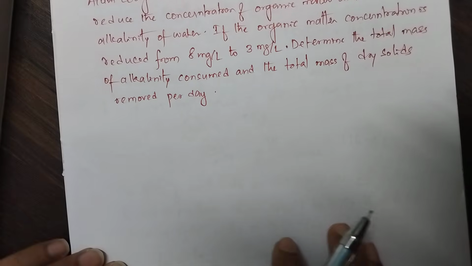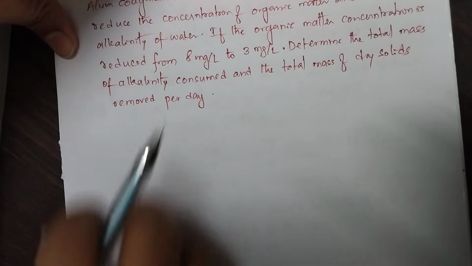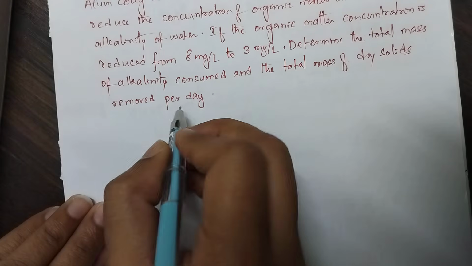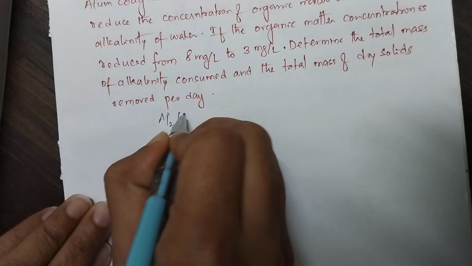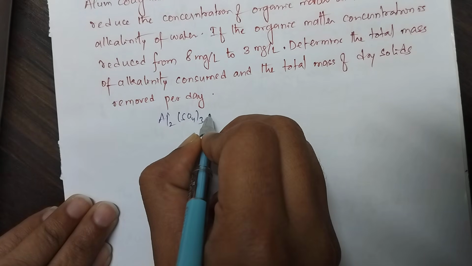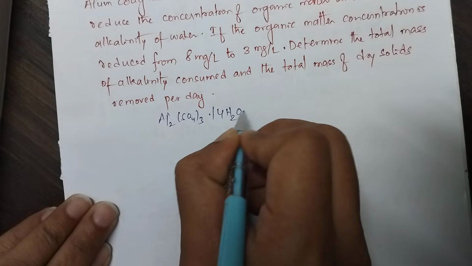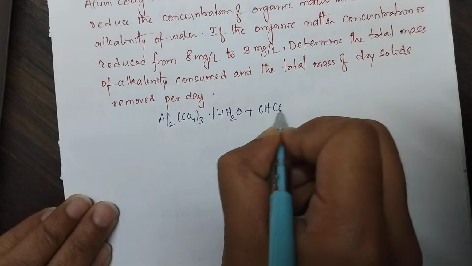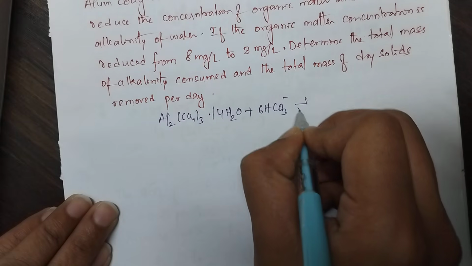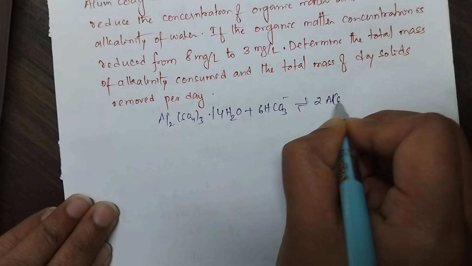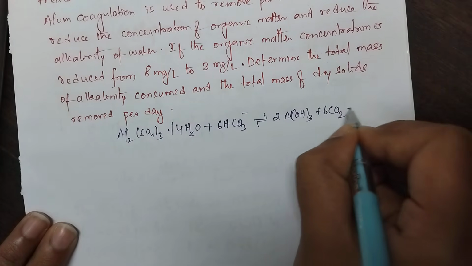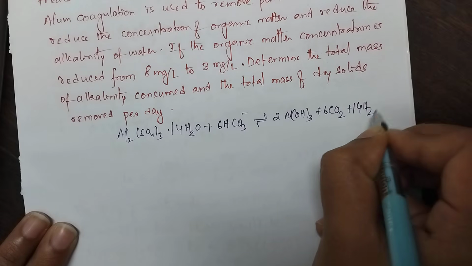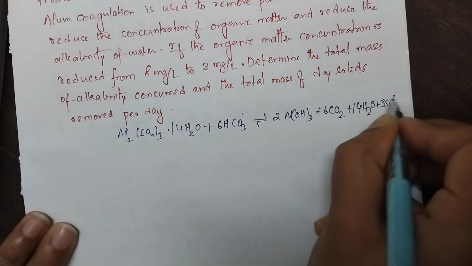Okay, so basically they are using alum in order to coagulate the alkalinity. The equation is Al2(SO4)3·14H2O plus 6HCO3 minus gives 2Al(OH)3 plus 6CO2 plus 14H2O plus 3SO4 2 minus.